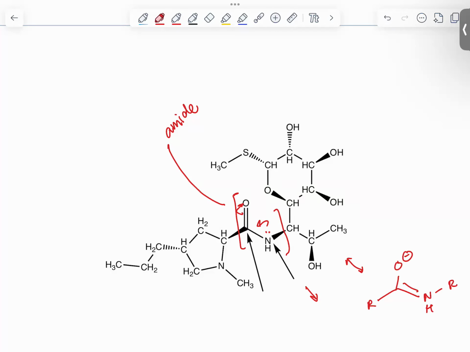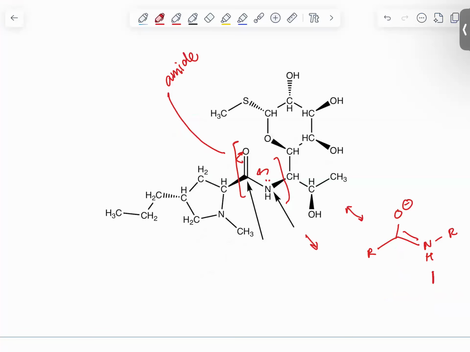That looks like that. And when it's in this form, it's planar. And we draw it usually like this, but it can exist as both.